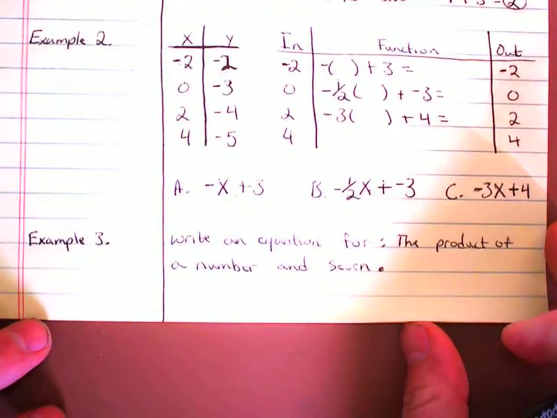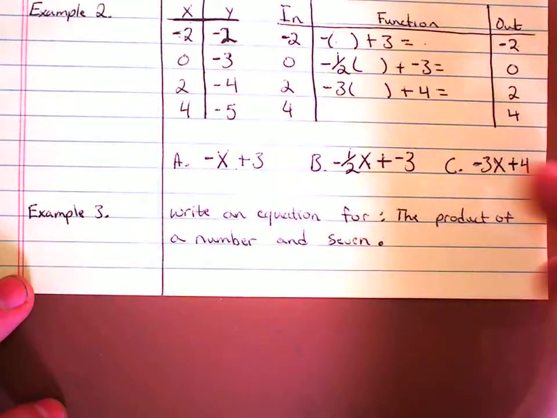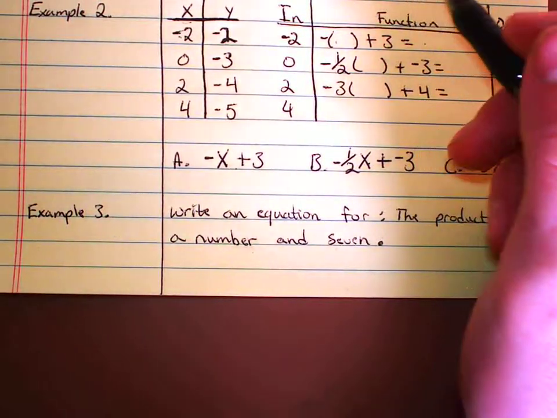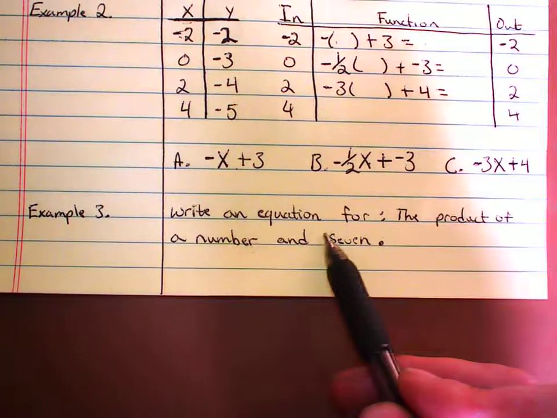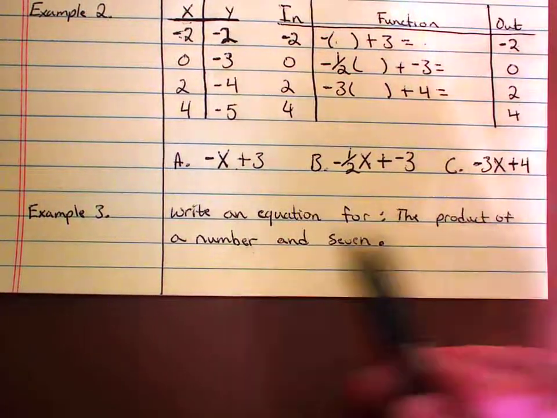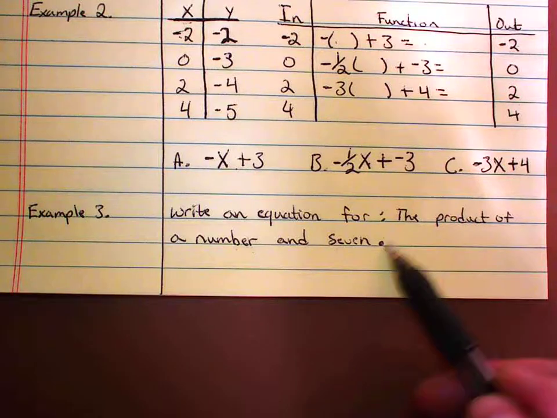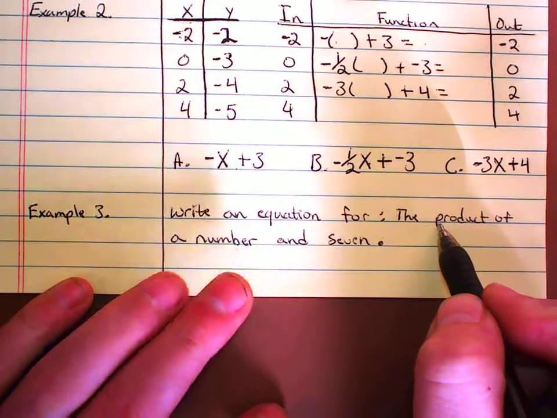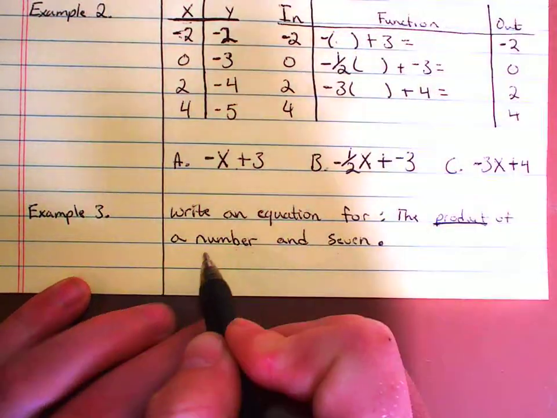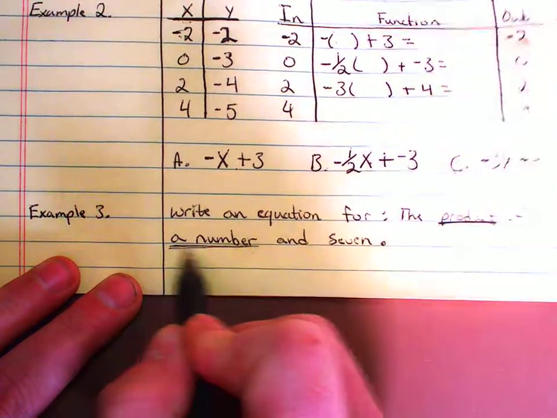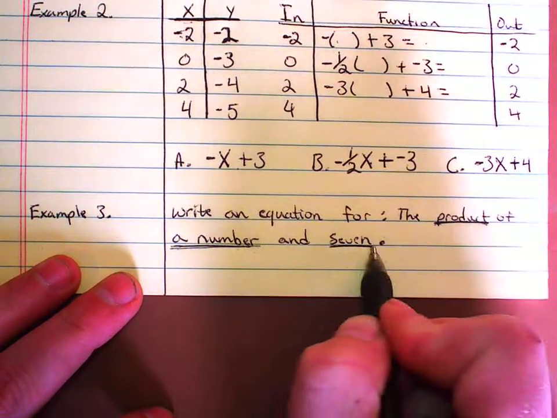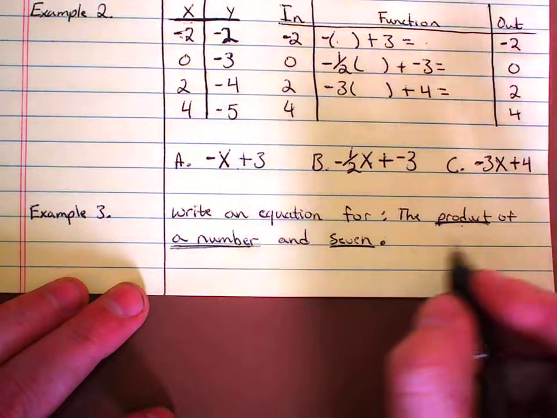So, last one. We did a little bit of this at the very beginning of this section. We are going to write an equation for the product of a number and 7. So, key things. Product, a number, 7. We're looking for product, which means multiply.